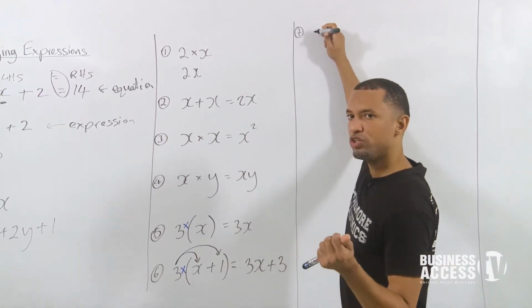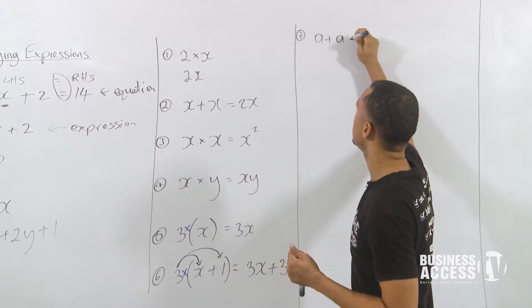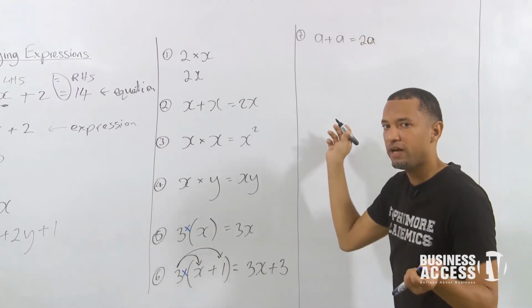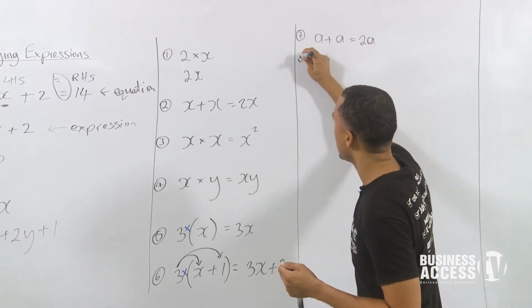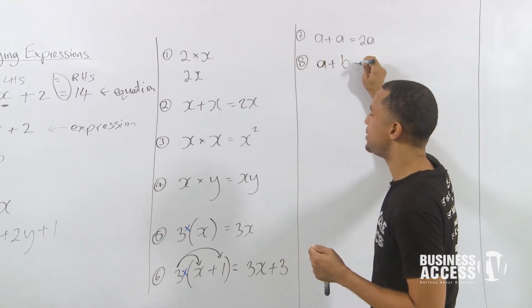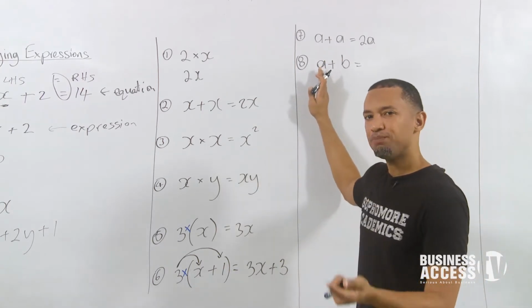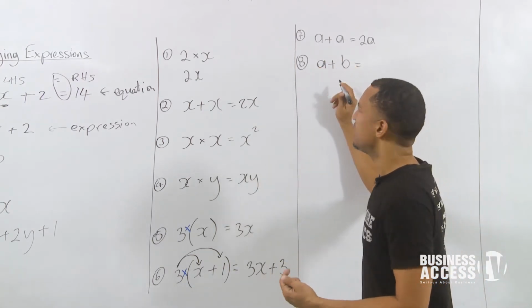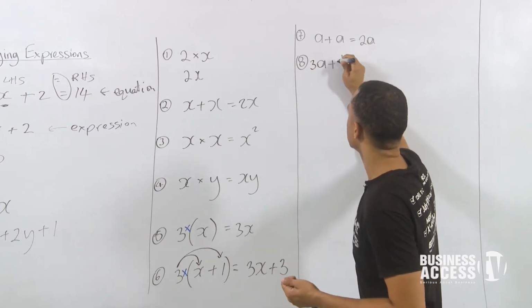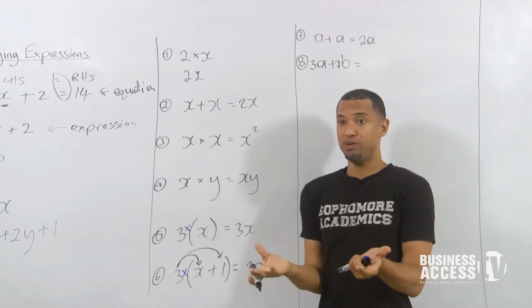You know how if you have a plus a, it will give you 2a. But what if you have a plus b? So apples plus bananas. Let's say you have 3 apples plus 7 bananas. Can you say that any more simply?